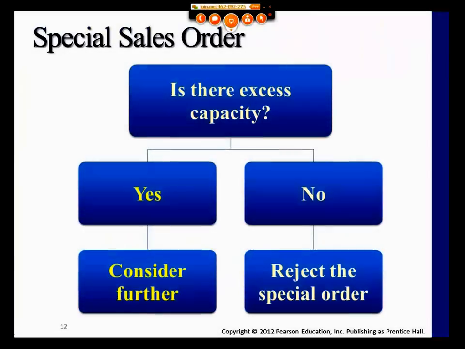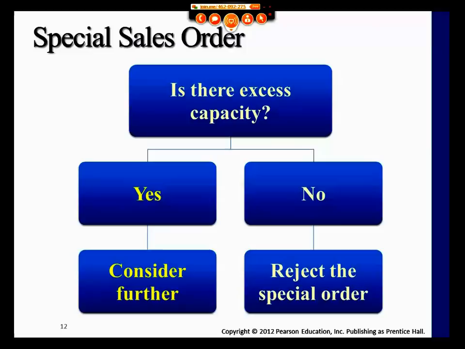So let's look. What's happening? First, our managers are going to consider the capacity. We're going to ask a question: is there excess capacity? And if the company is already making as many units as possible with the existing capacity, then what's going to happen?